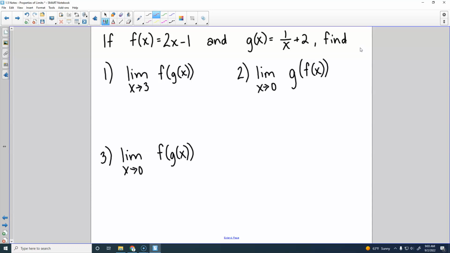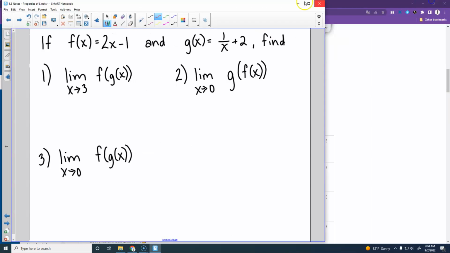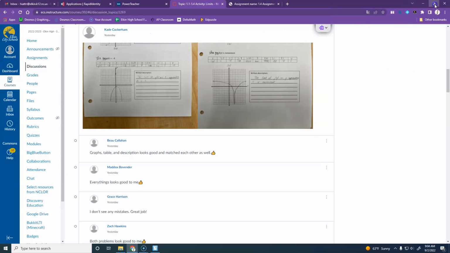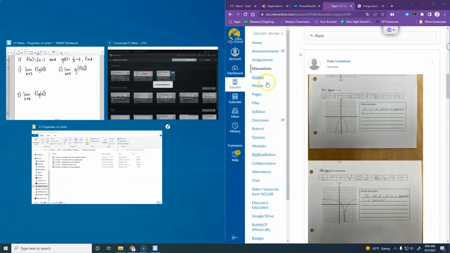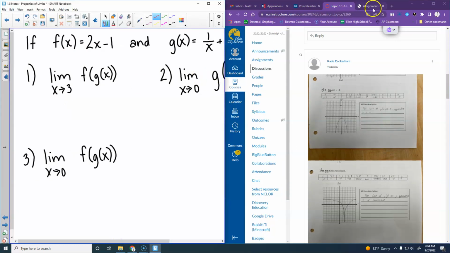Did I use Desmos or did I just plug in? We really haven't done any algebraic stuff yet. So let's use Desmos. I think that's what I did before. And I'm going to pull this up here. You guys don't have to get out your computers. We'll look at it together.